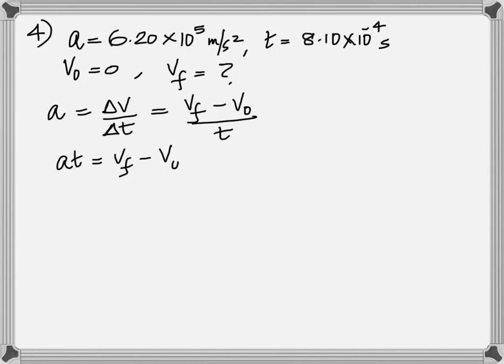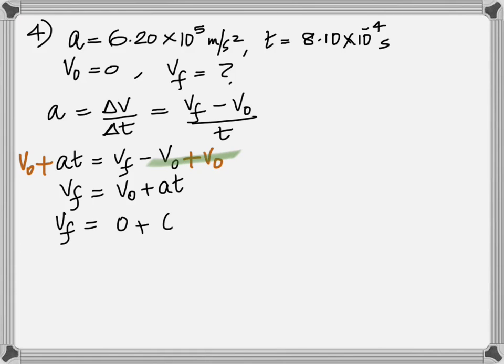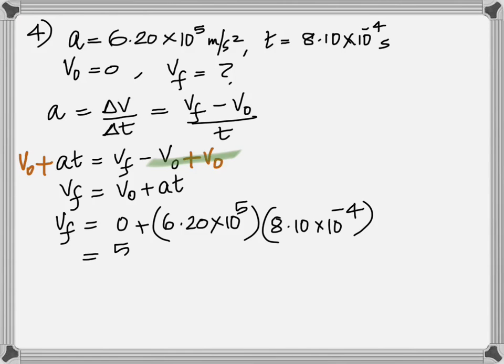Cross multiply that, rearrange it to make the final velocity the subject. And I'm showing you how we get that. And then substitute the numbers. You get 502.2 meters per second, which is of course a large velocity as expected for a bullet.